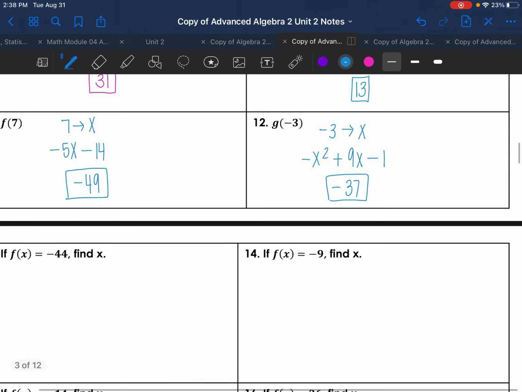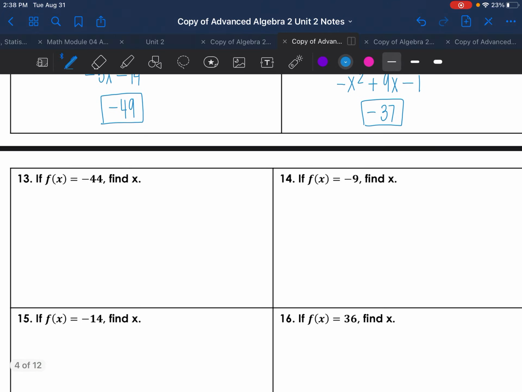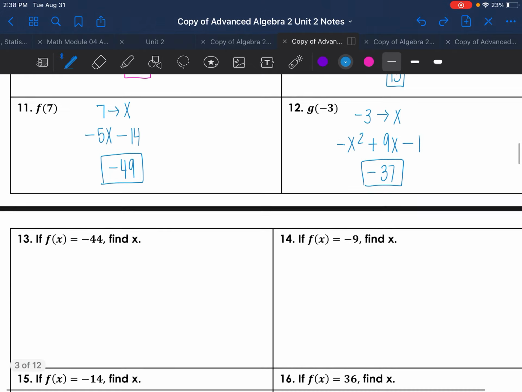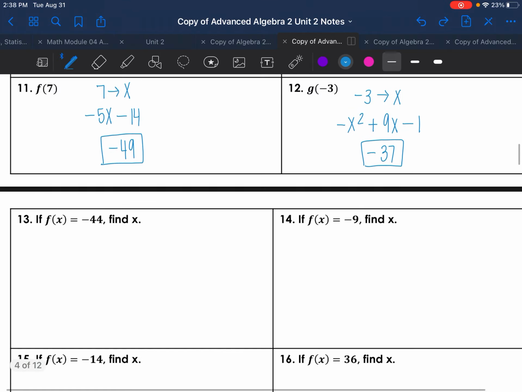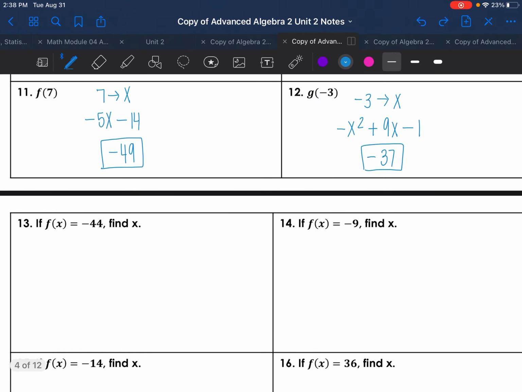So let's move on to questions 13 through 16. You might be tempted to take negative 44, store that as x. That's not what you do. If you compare the two problems, they're different. In number 11, my number is in the parentheses. That's my x.